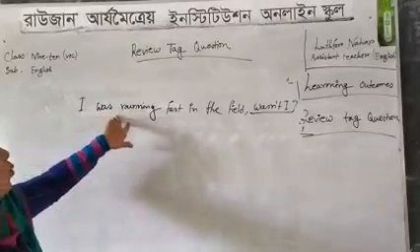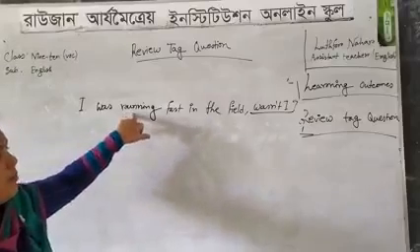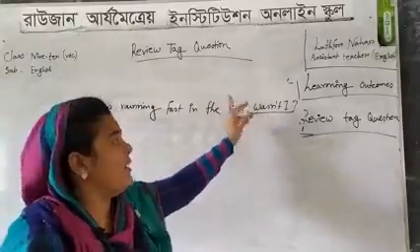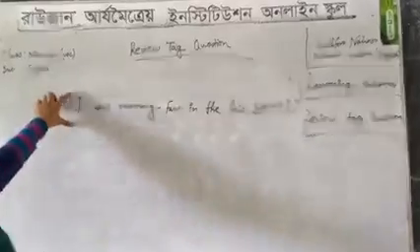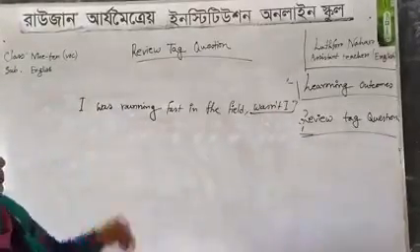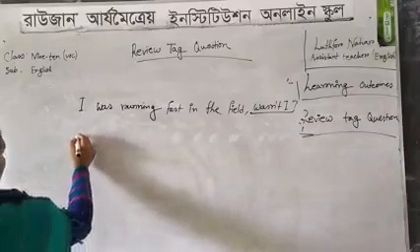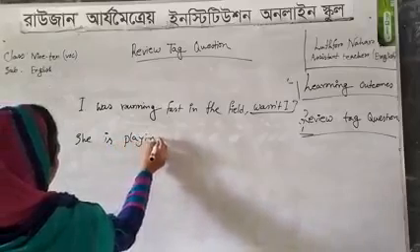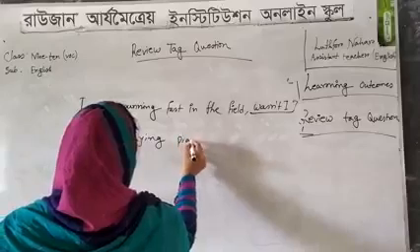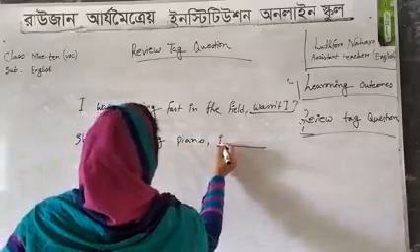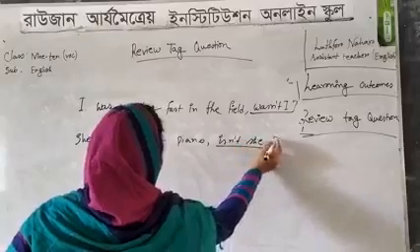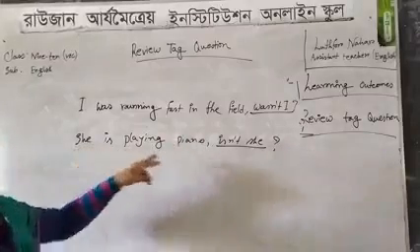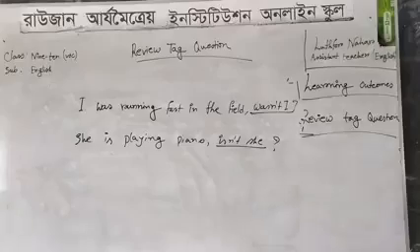That's why we use was and ing with the main verb of the statement, and we use the auxiliary word was and add not with the pronoun I. Similarly, she is playing piano, isn't she? Is and the pronoun, with a negative tag.